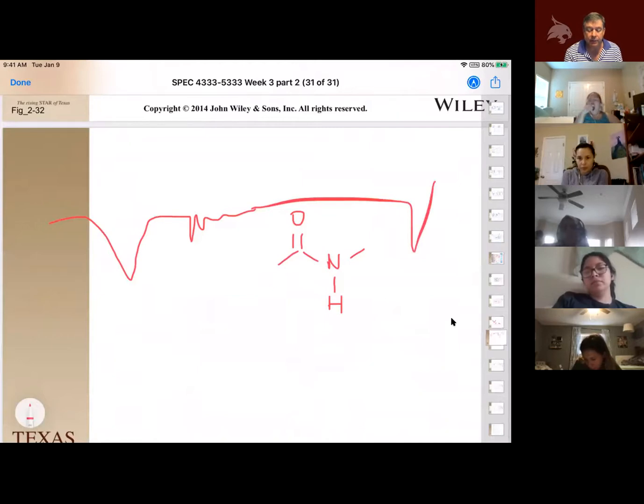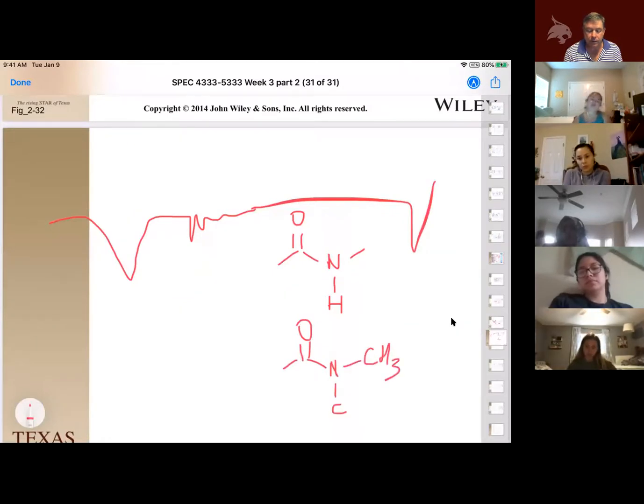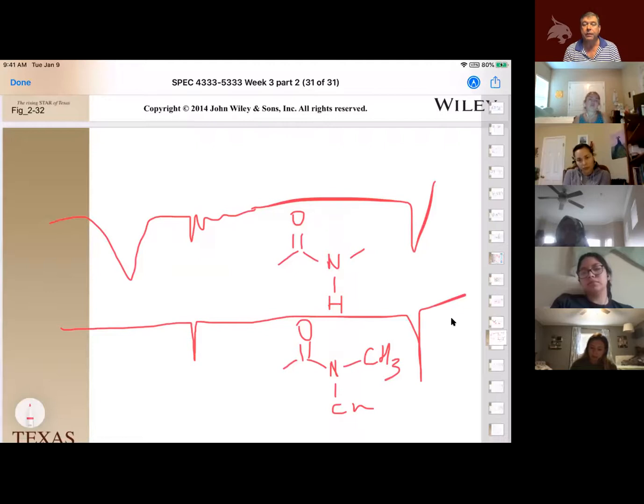And if we replaced the other one, that peak would go completely away. We just have our aliphatics and we just have our carbonyl. So it gets cleaner and cleaner as you get rid of those hydrogens.